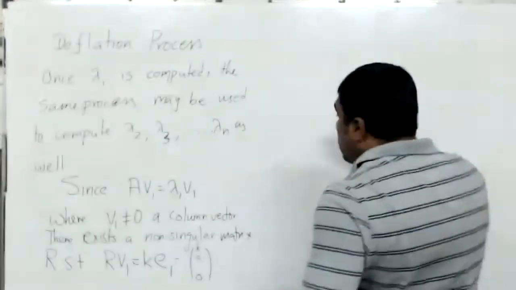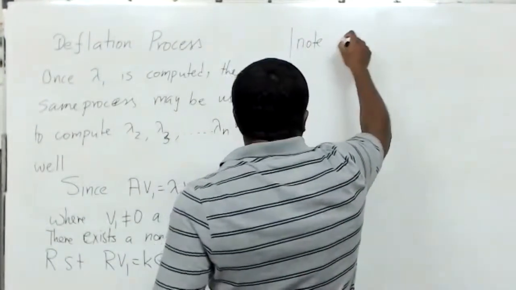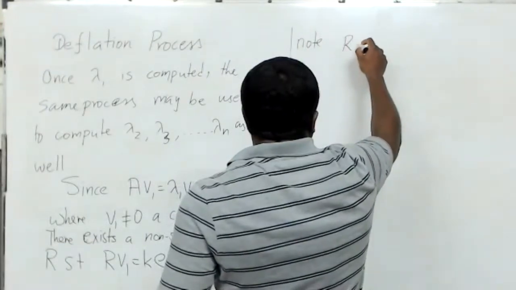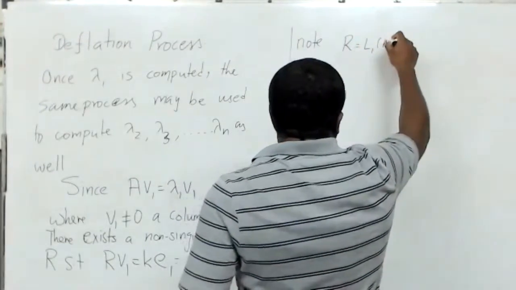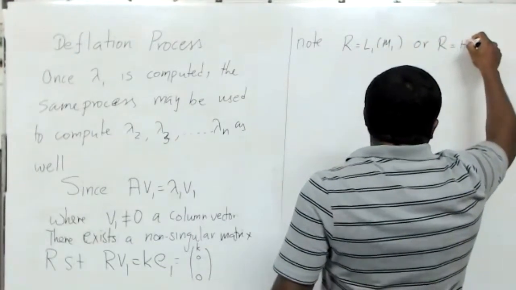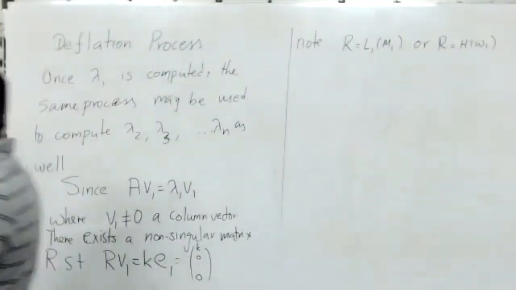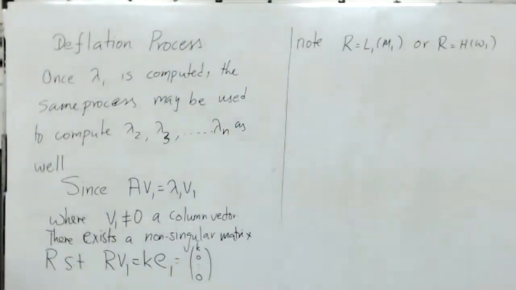I will write a note here. You can choose R as some L1 M1, which is an elementary lower triangular matrix, or you can choose R as an elementary Hermitian matrix.